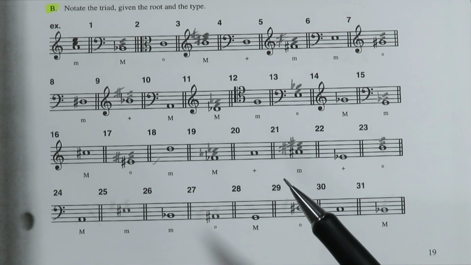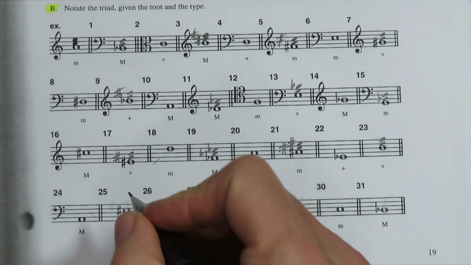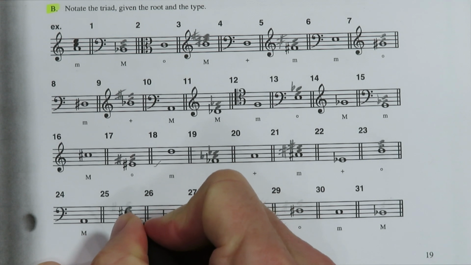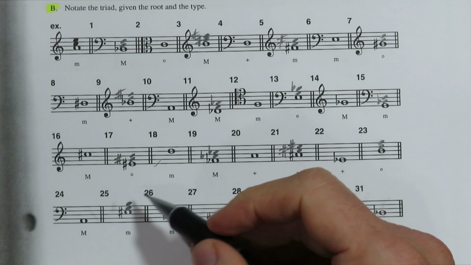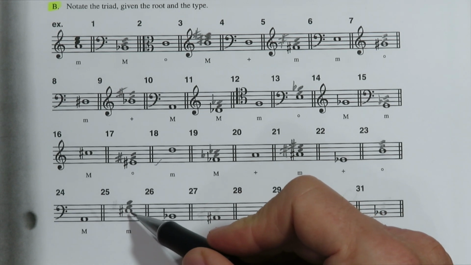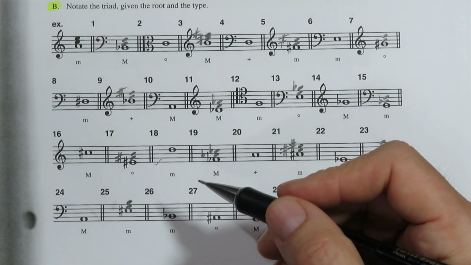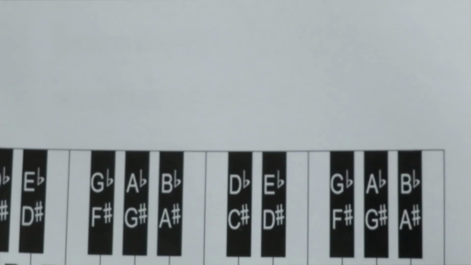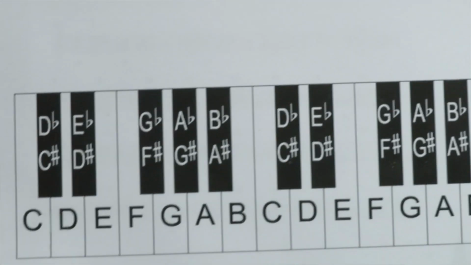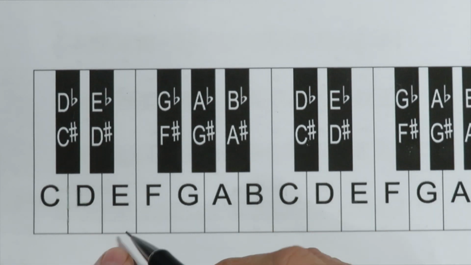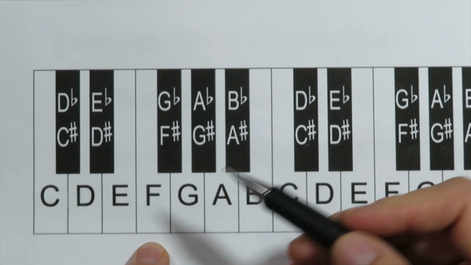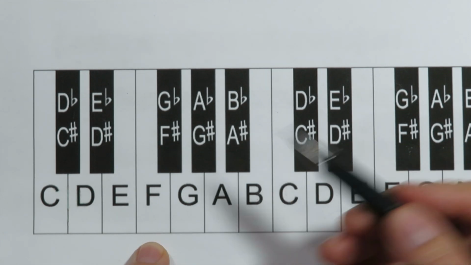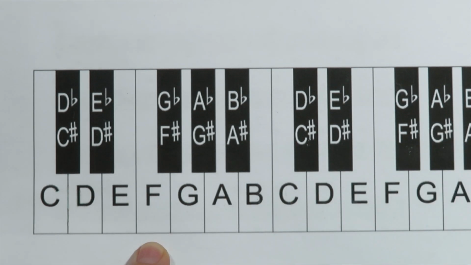Okay, so here we are on 25. We've got an E sharp minor triad to build here. So let's stack our thirds. Now we've got E sharp to G. You know, E sharp is enharmonically equivalent to F, right? It sounds the same, just spelled differently on paper.